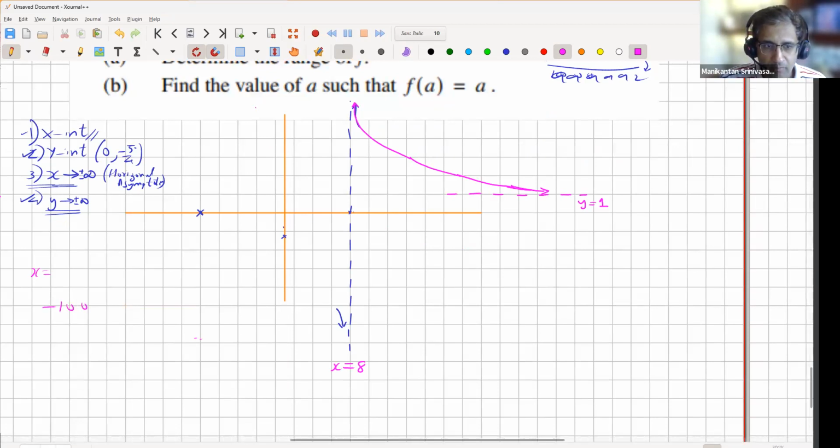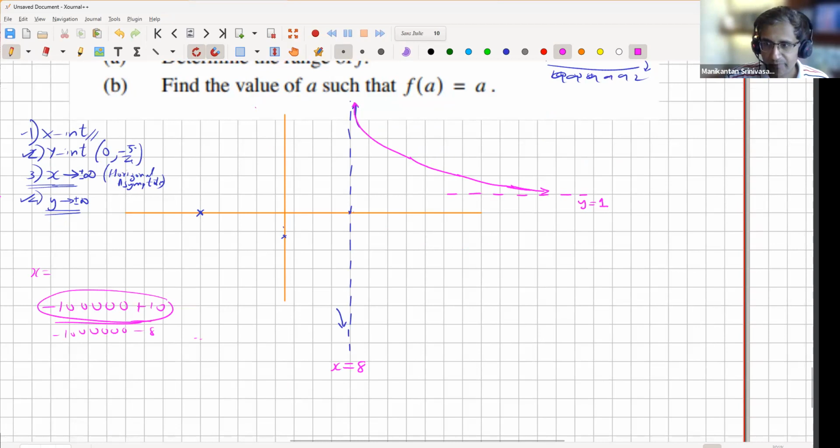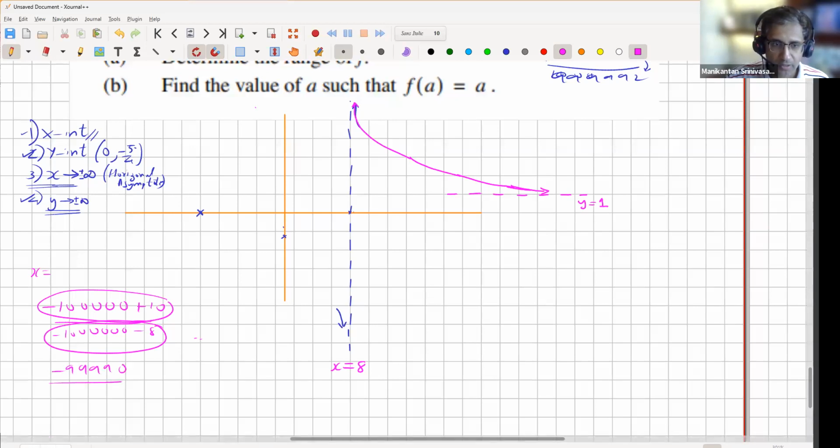So if you're down a million, whether you have an extra $10 or whether you're short of $8, doesn't matter. You're going to be more or less the same. But in this case, numerically, the numerator is smaller than the denominator. It's like minus 999990 upon minus 1000008, something like this, right? It's a fraction slightly less than 1, right?